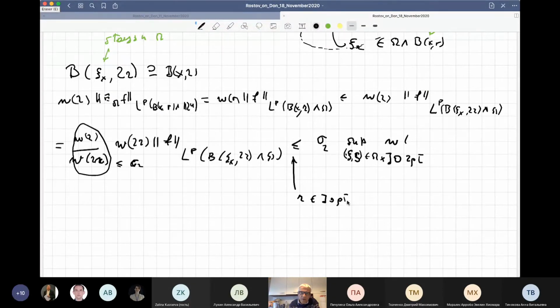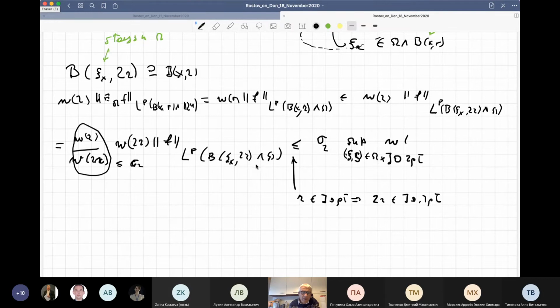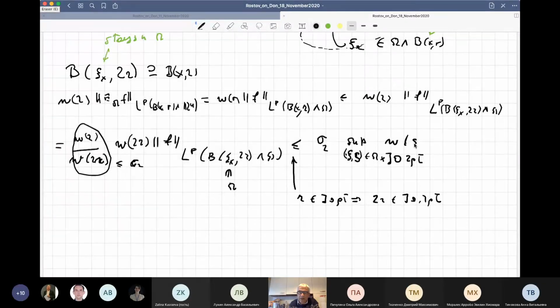So you see here, R in (0, rho) implies 2R belongs to the interval (0, 2rho). So this is less than the supremum where xi is in omega, an arbitrary point in omega, and s in (0, 2rho), of the norm of f in L^p, B(xi, s) intersection omega.